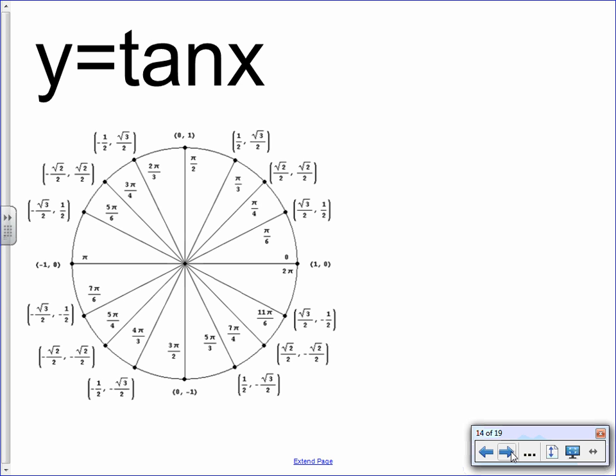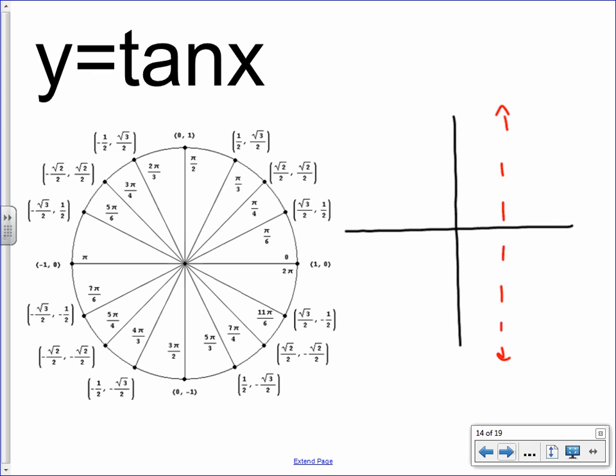Undefined. What happens when we have undefined values in a graph? It's not a hole. What's another option? An asymptote. Our tangent graph has asymptotes at pi over 2 and negative pi over 2.